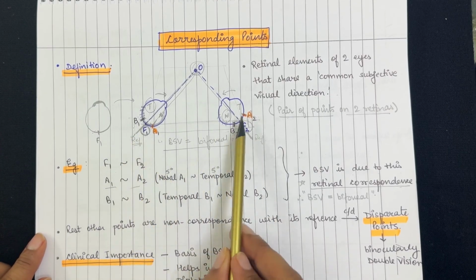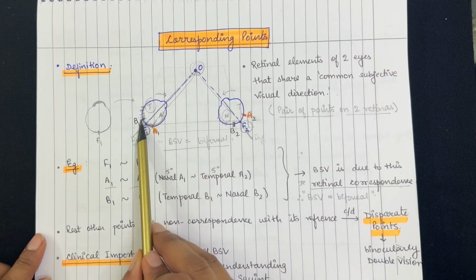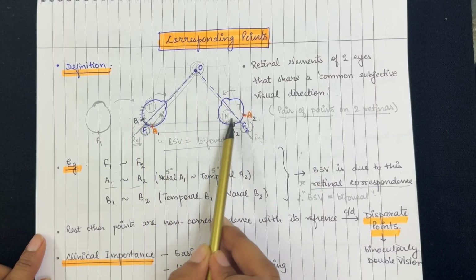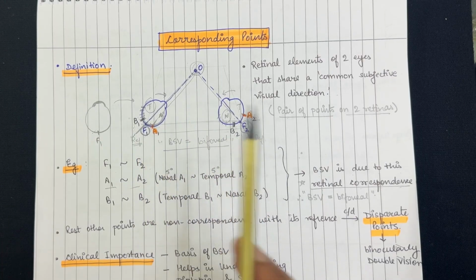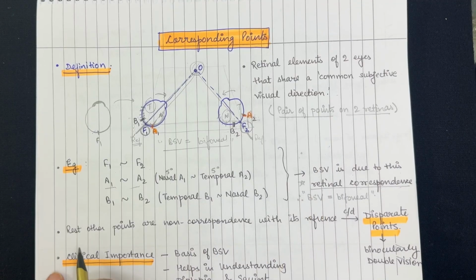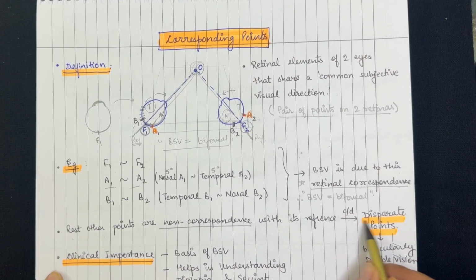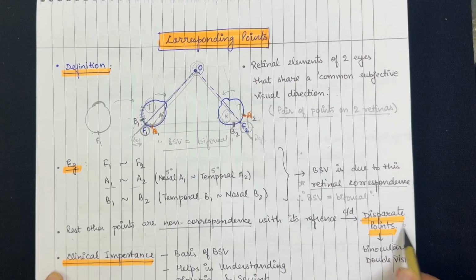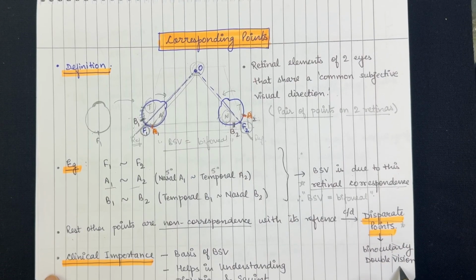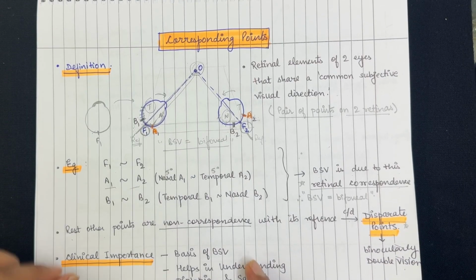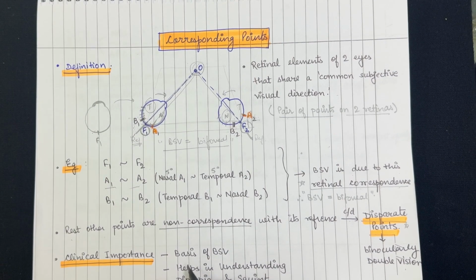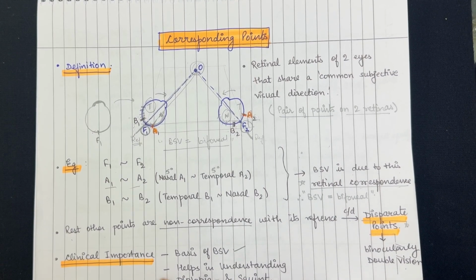So it is important that the image falls on the corresponding points of the two eyes to have binocular single vision. The rest of the points are non-corresponding, called disparate points, which are responsible for double vision. What is the clinical importance of corresponding points? They form the basis of binocular single vision and help in understanding diplopia and squint.